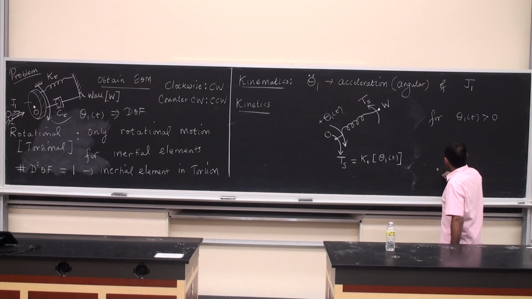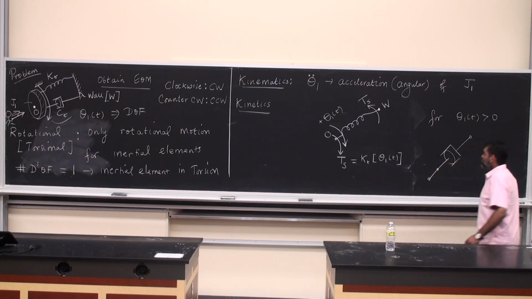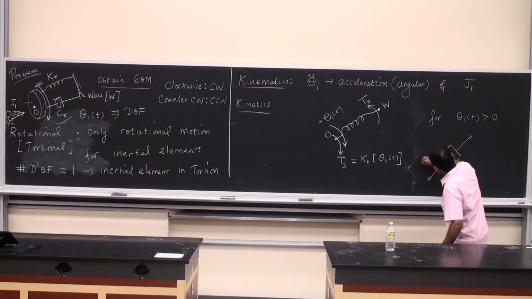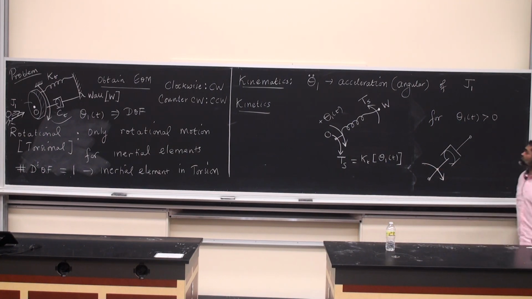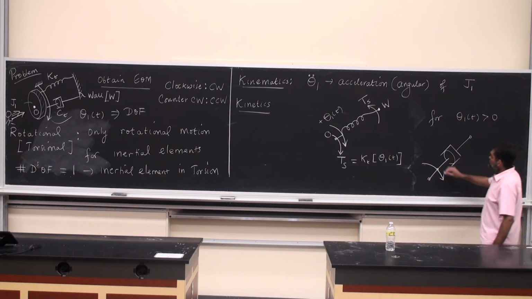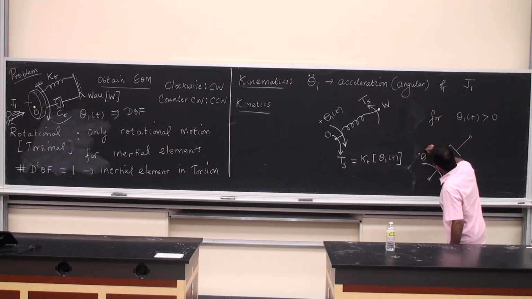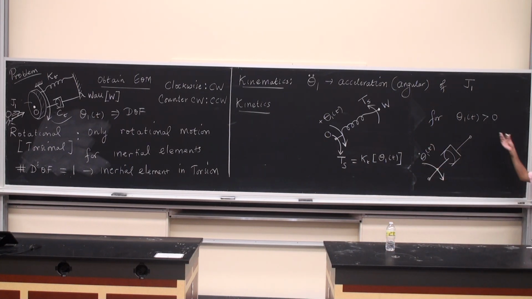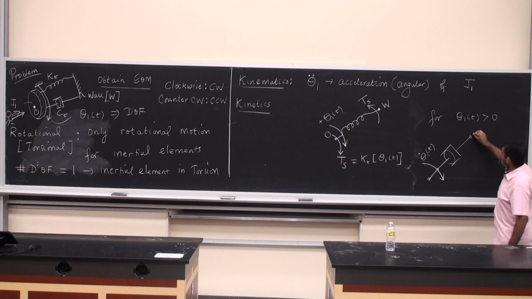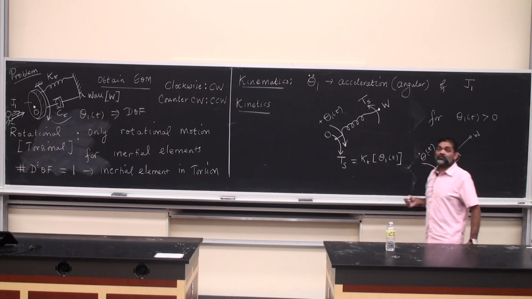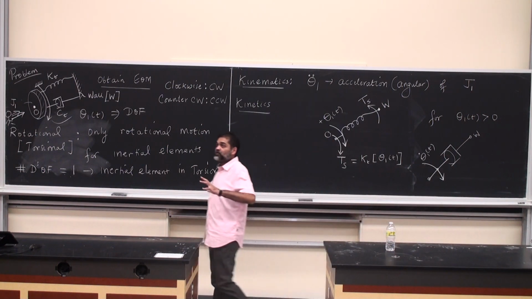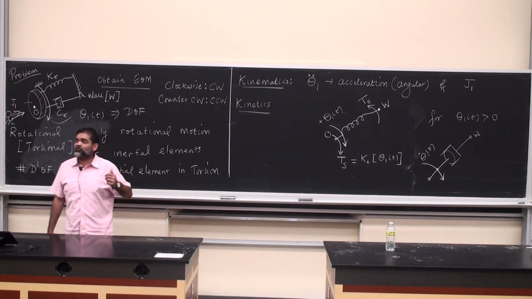Look at this. I'm going to have theta 1 dot positive in the same sense as theta 1. So if I say I'm looking at all positive rotations, then this is positive theta 1 dot. The other end of the damper is connected to the wall, so nothing special going on. This end of the damper is connected to the body that is trying to rotate it based on initial conditions or based on a torque applied.